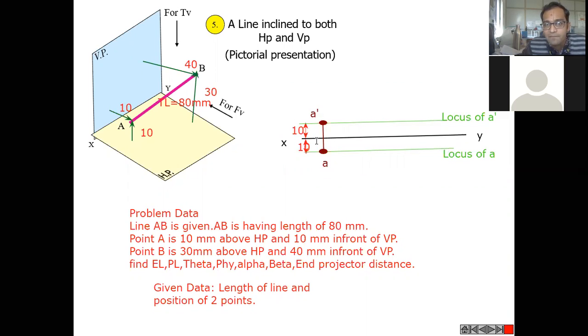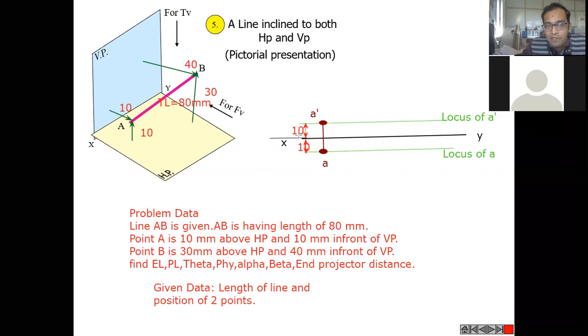Let us move ahead. For the second point, data is available that point B is 30 mm above HP and 40 mm in front of VP. Obviously, we are going to have that particular position over here from the reference. Let us extend the reference so that we can have space also for the other point.